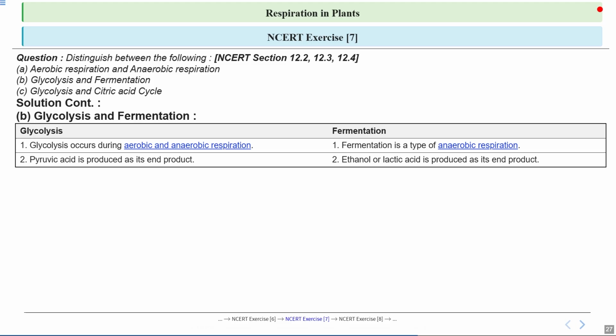Second point, the end product of glycolysis is pyruvic acid, whereas the end product of fermentation is either ethanol and carbon dioxide in case of alcoholic fermentation, or lactic acid in case of lactic acid fermentation.